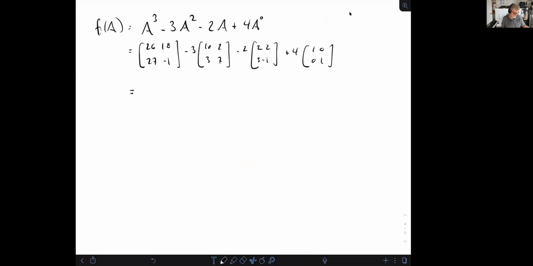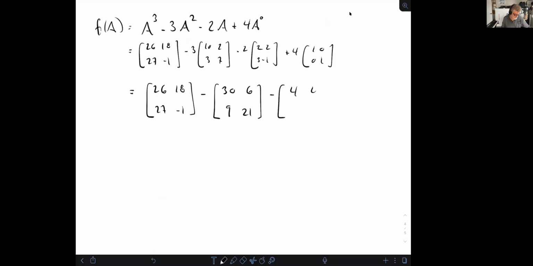Okay, so let's compute this. Let's rewrite it this way. 26, 18, 27. Okay, so this time I'll do it differently from the first time. I'll just keep the minus sign here and multiply everything by 3. So this is 36, 9, 21. Okay, same here.